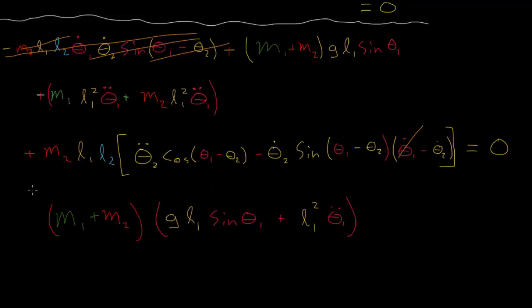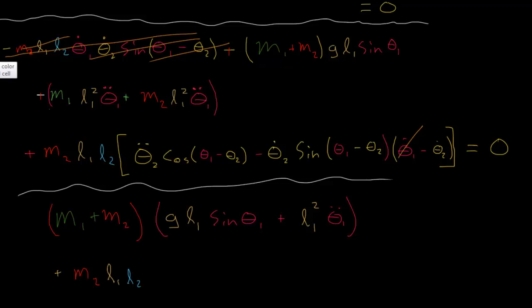And I should draw another line because, actually I want to do it in white like I've been doing. All right, and then we can rewrite this having this canceled term here. I have m2 L1 L2, and then we have a theta double dot, theta 2 double dot.